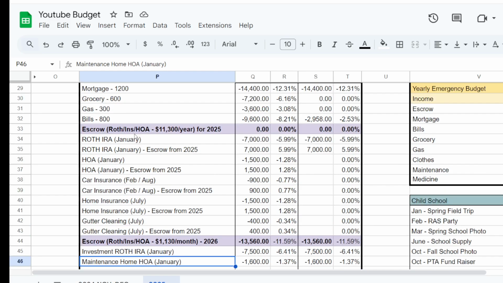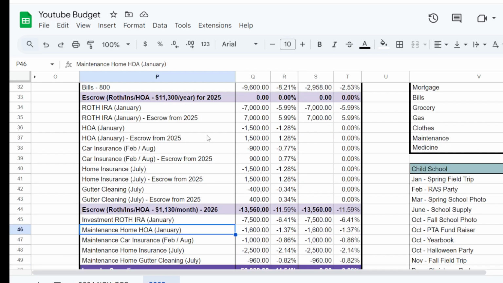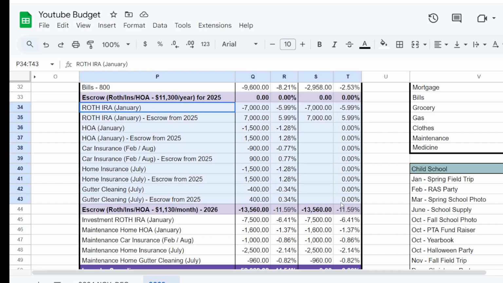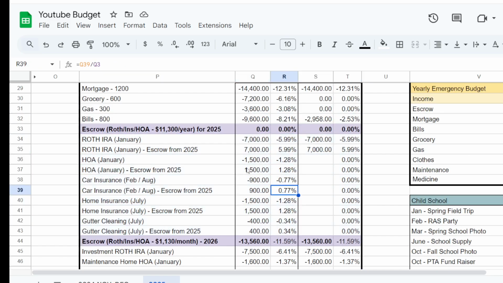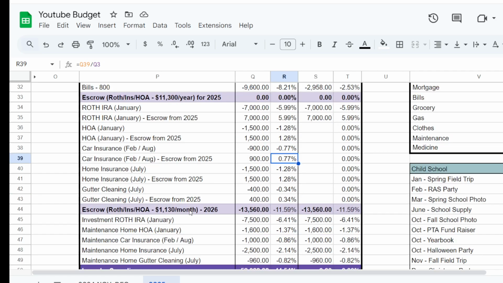But also the reason I put this 2025 escrow in here is because in the year of 2024, all year this year, I have been saving for my 2025 escrow expenses, which follows the same categories of Roth IRA, HOA, car insurance, home insurance, and gutter cleaning.